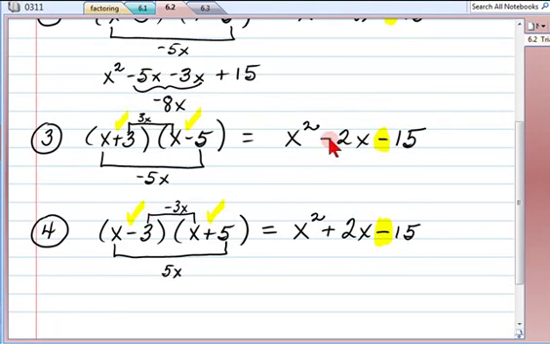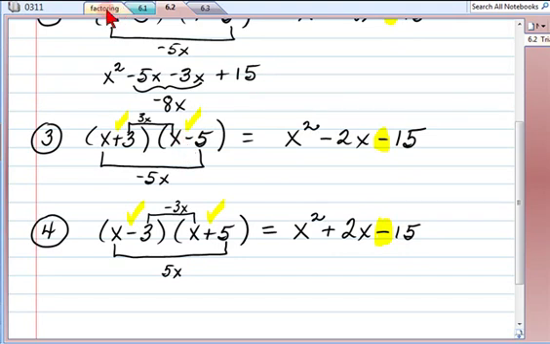It doesn't matter whether the middle term was positive or negative, there will be one of each. Now, the sign of this will help you decide what number to put in the right place, but that's a discussion coming up in a few minutes. So for right now, if the last sign is negative, then you are guaranteed that you will have in the factors one plus and one minus, always.